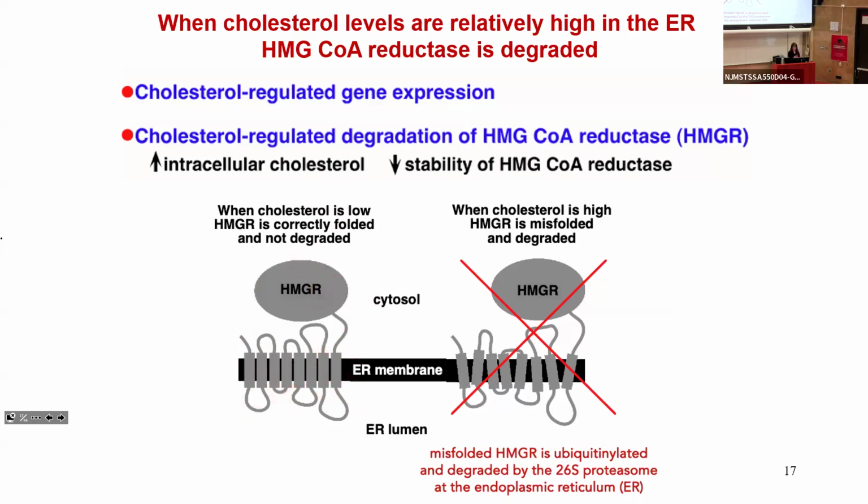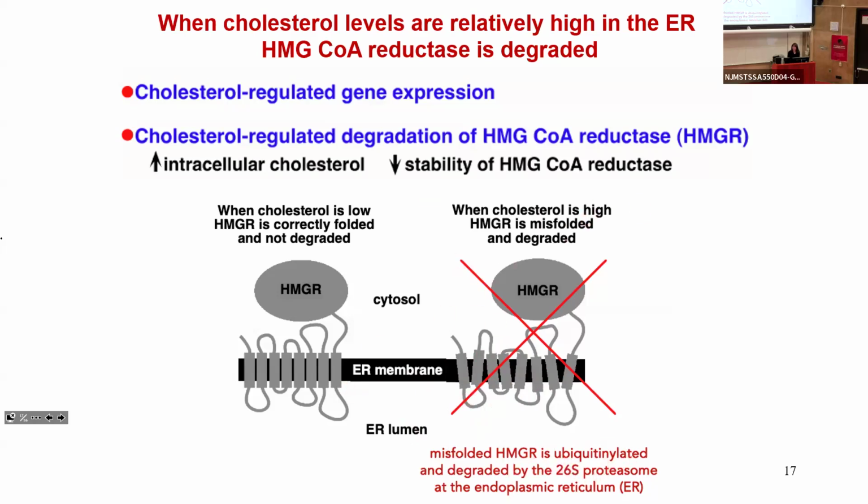All of the transmembrane regions are in some orderly fashion for its ability to catalyze cholesterol synthesis. But when cholesterol level is high in the ER membrane, with more sterols there, there's misfolding, and this doesn't look to the cell like it's proper. And so it will get degraded.